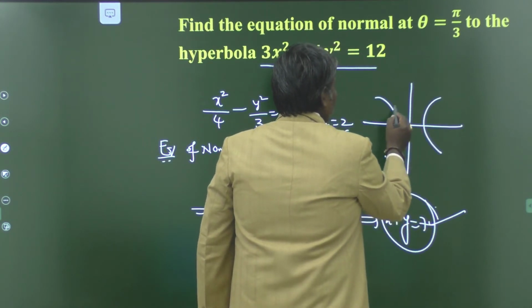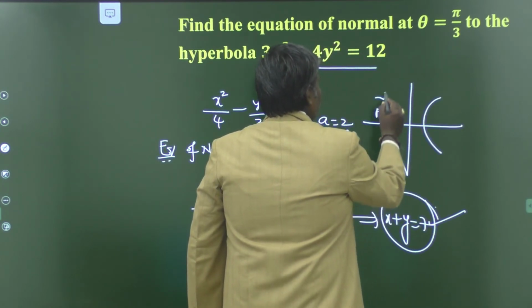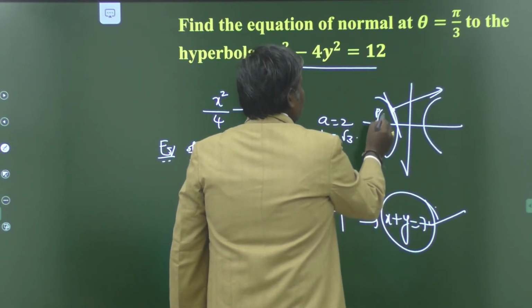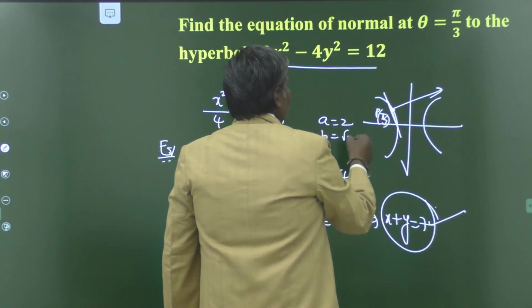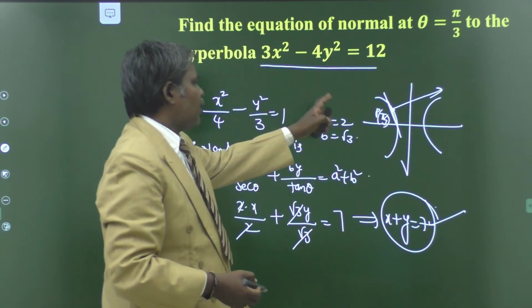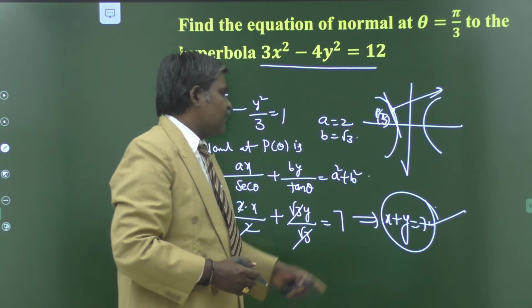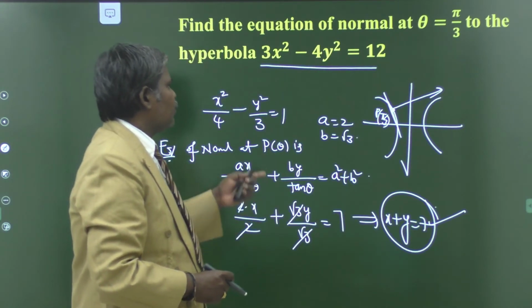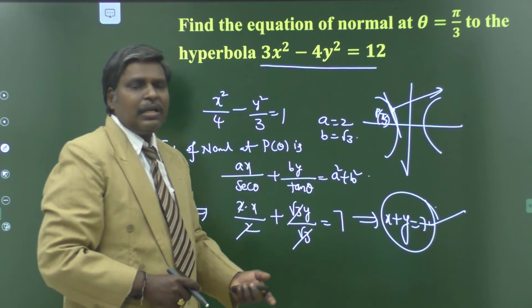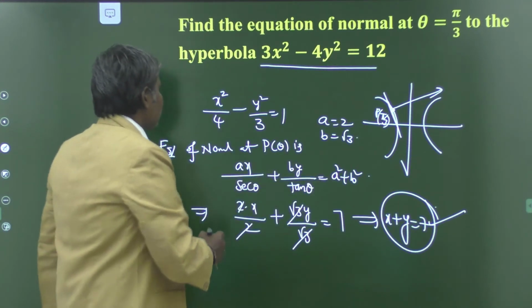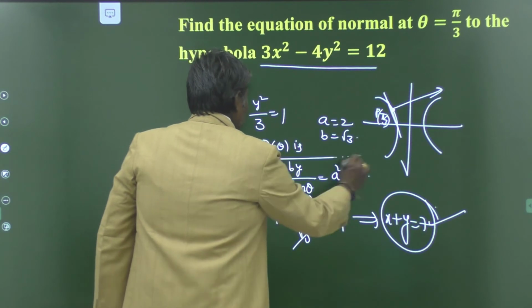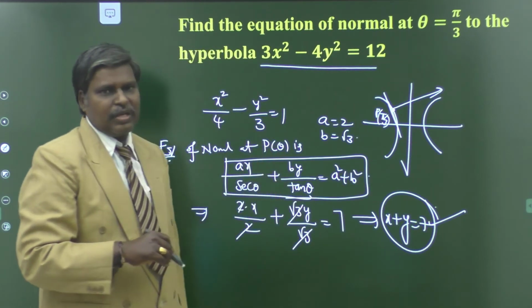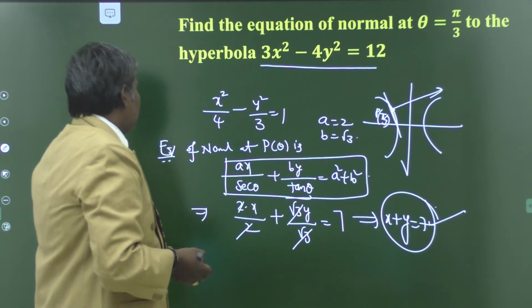This is one of the points P, say it is the tangent at P. We are drawing the normal at that point P. This is the eccentric angle. So P of π/3. At that point we are finding the equation of normal. Its equation is x + y = 7. Without finding the point, we can write the equation of normal if you know this formula. This is the formula: ax/secθ + by/tanθ = a² + b². Okay.